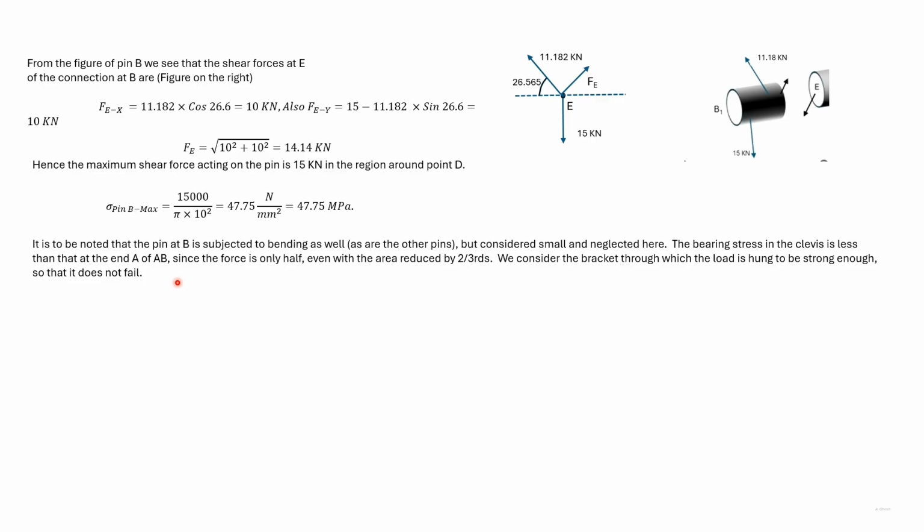Also, the bearing stress in the clevis, which is at the end B, will be less than that at A, since the force is half in the clevis and the thickness has been reduced by 2/3. Also, we do not consider the strength of the bracket here.